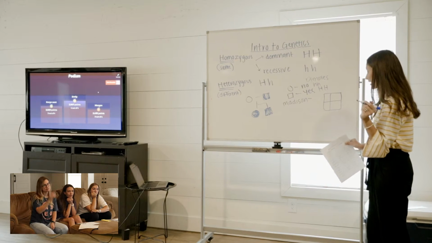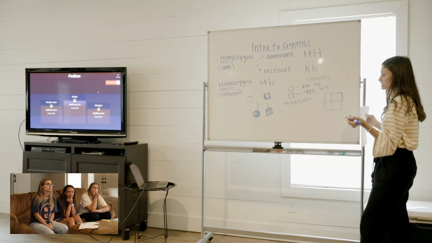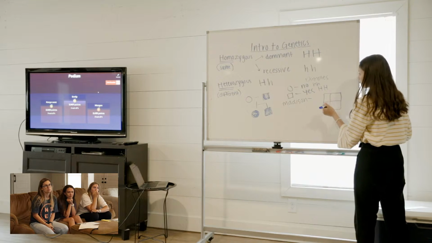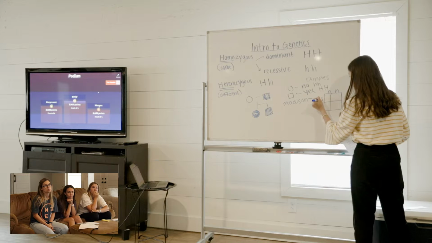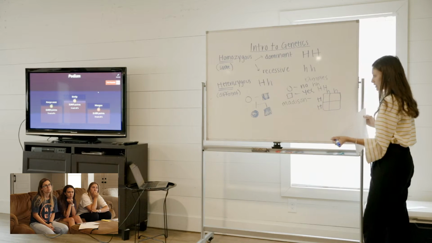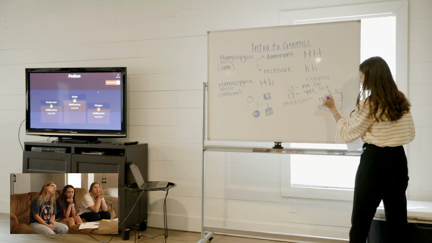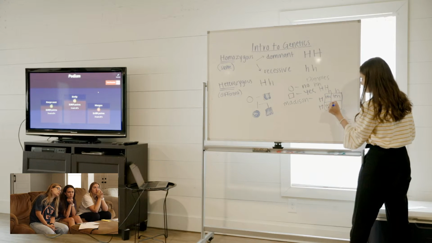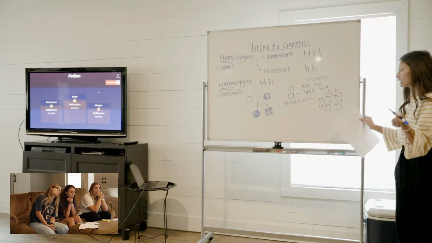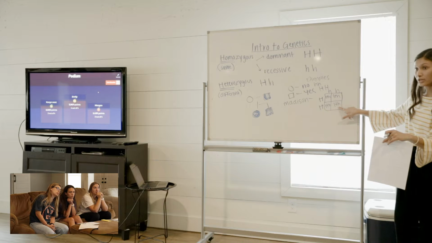If we were to put her parents on a Punnett square, we're going to put mom up here, dad here, and just put the letters in. Big H, little h, big H, little h. Does anybody know what this tells you? It's heterozygous.